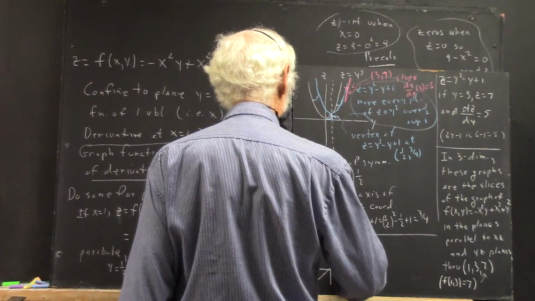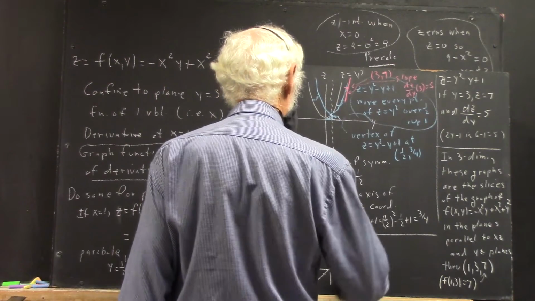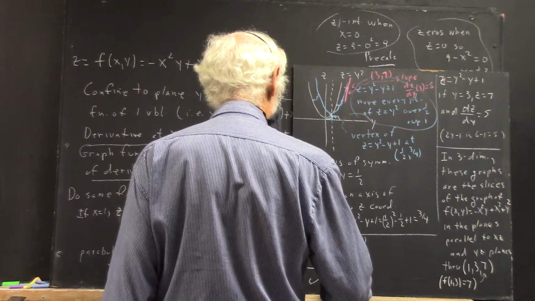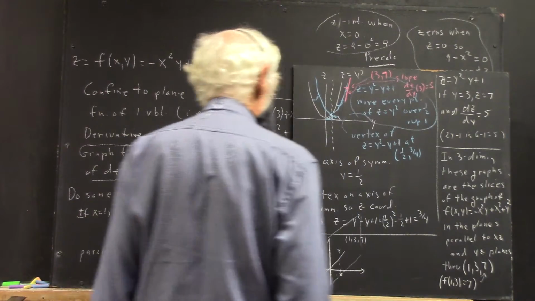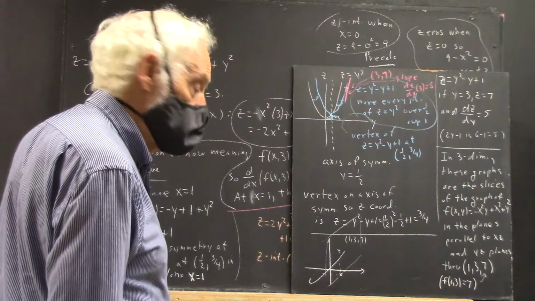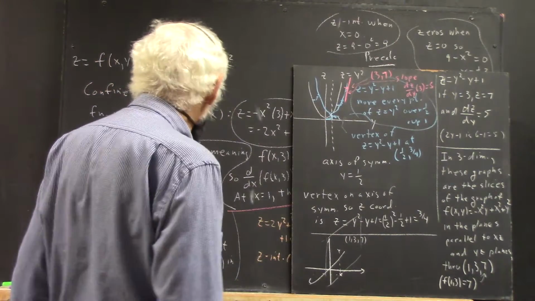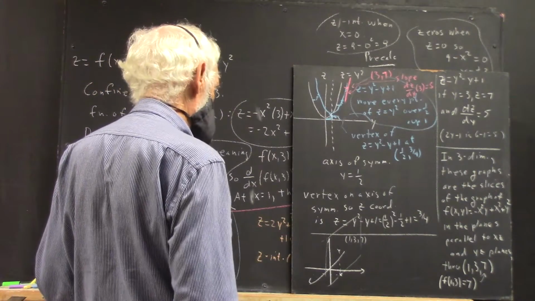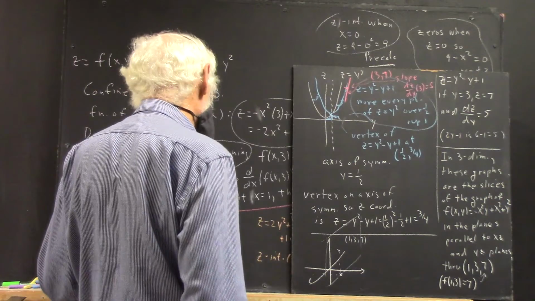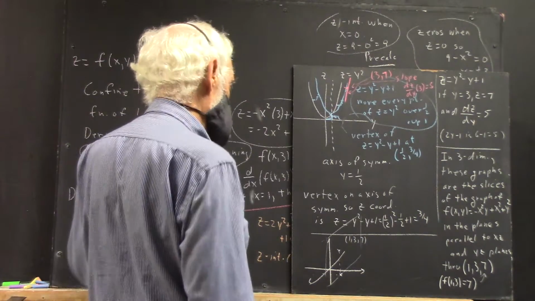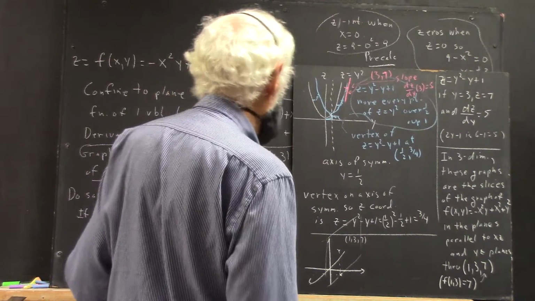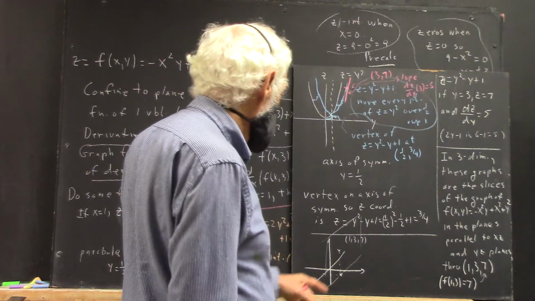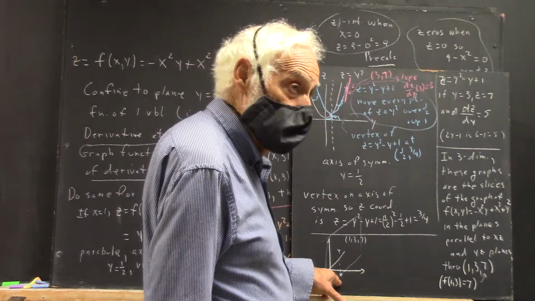Here's the point 1, 3, 7 in a plane parallel to the xz plane. The plane parallel to the xz plane through this point, y is 3.